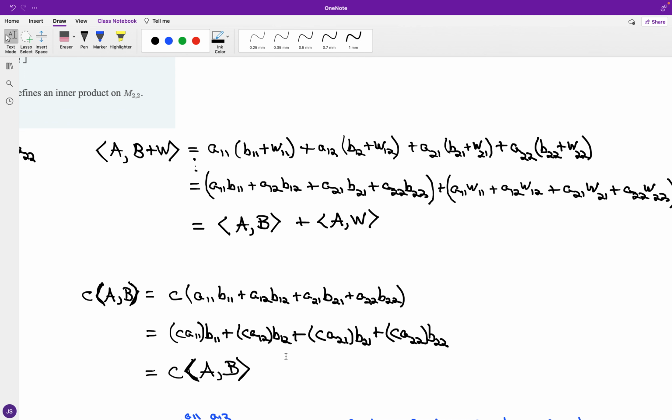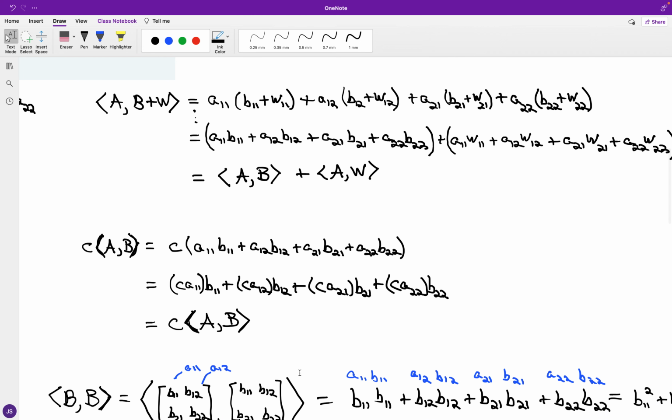And if you notice, clustering the C and A sub 1 1 all the way up to the A sub 2 2 combinations, this translates out to C times the inner product of A and B. So this is equal to C times the inner product of A and B, and again, the third axiom is going to be satisfied.